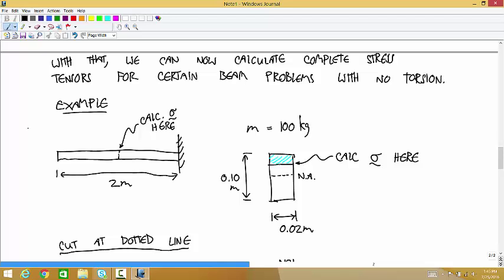So 0.025 to get here, plus another 0.0125, so 0.0375, I think, right?